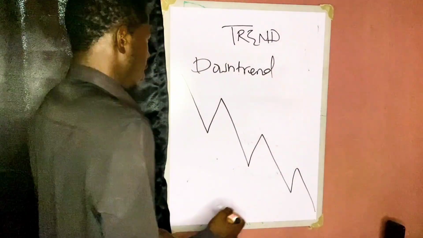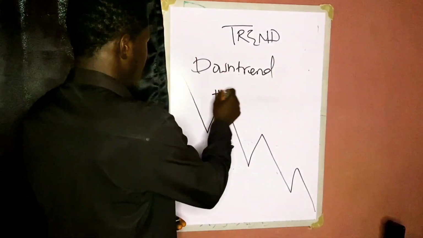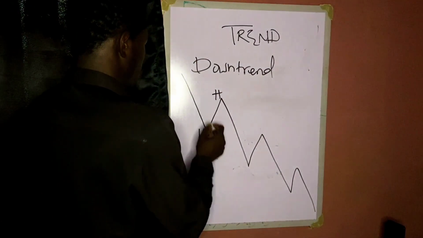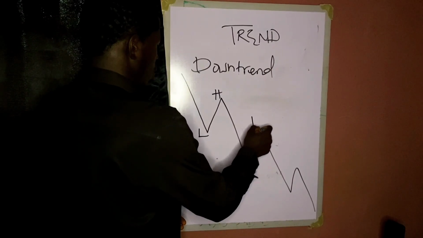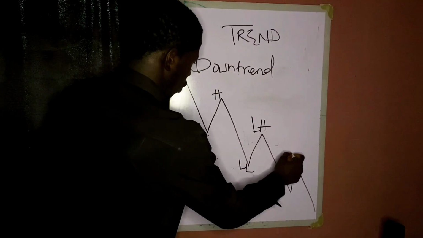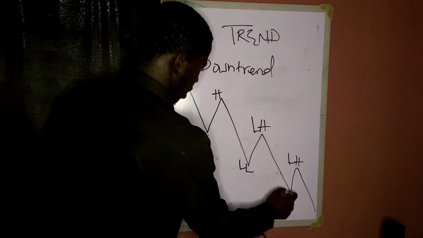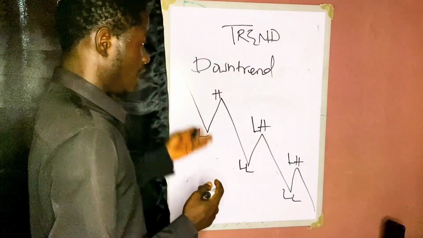The market creates a high and creates a low, and from there the cycle continues, then it starts creating lower highs and lower lows. This is the pattern of a downtrend.